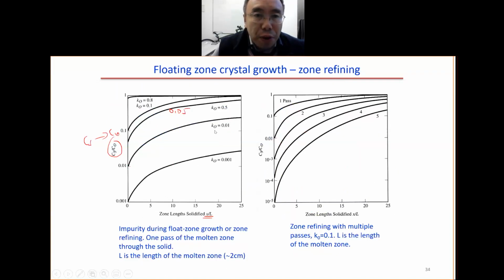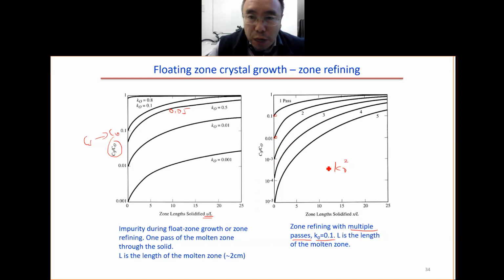This is the dopant concentration as a function of different segregation coefficient. If we do multiple passes, with k equal to 0.1, at the first pass the ratio becomes 0.1. If we do the second pass, we have the square, so 0.01.